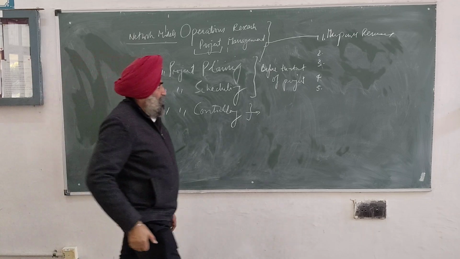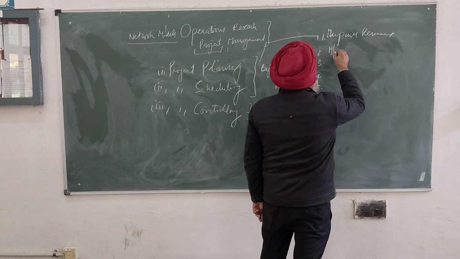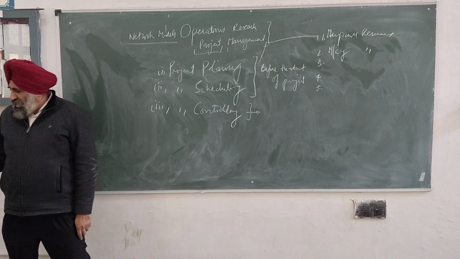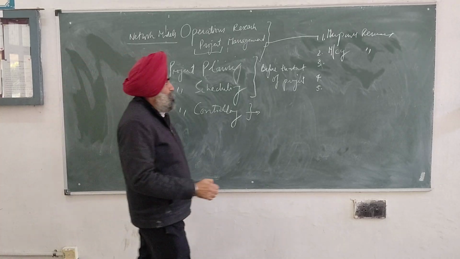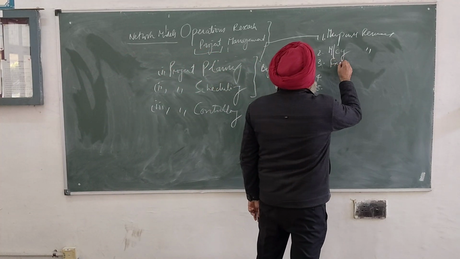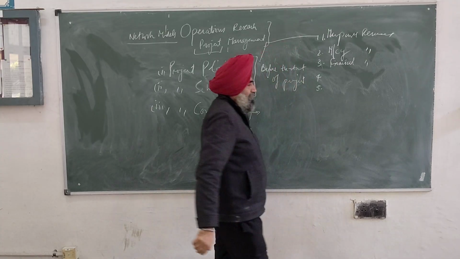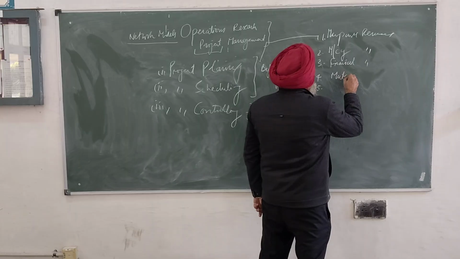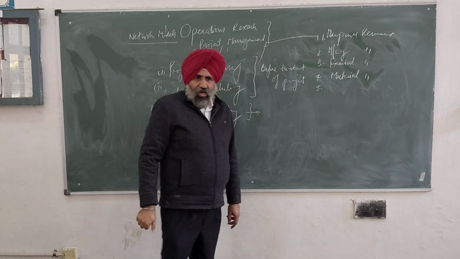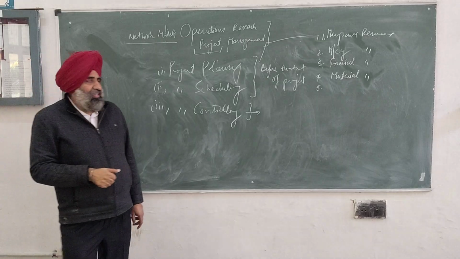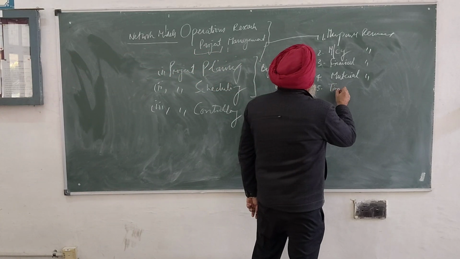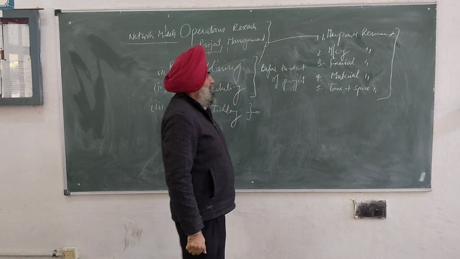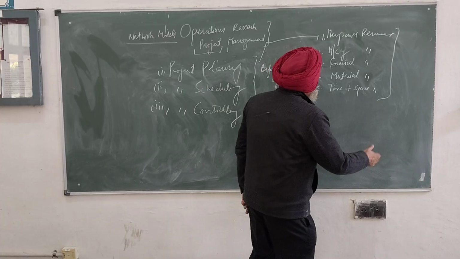Another one is machinery resources, then financial resources, depending on which we consider the project. Another one is material resources, and another is time and space resources. You may also consider 5M, 6M, 7M depending upon the requirement.